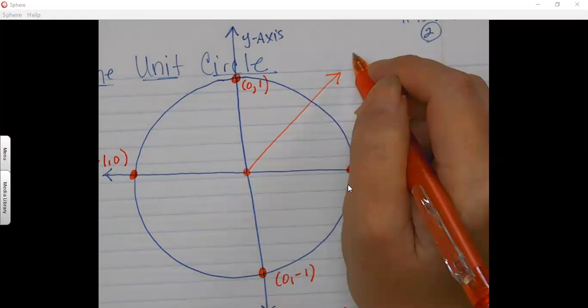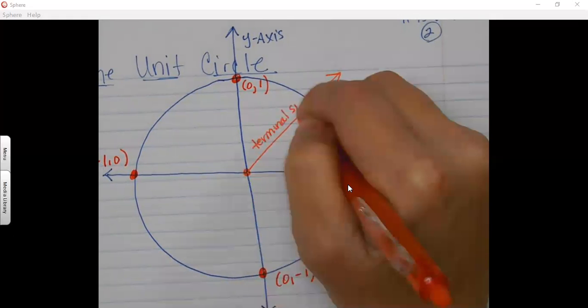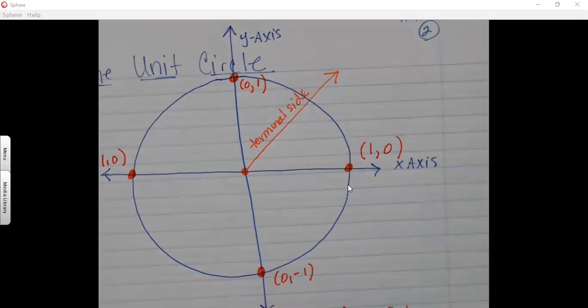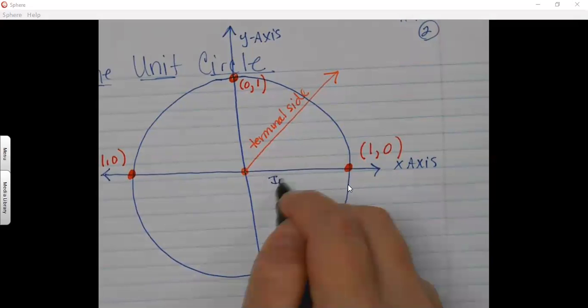I did not write a definition for the initial side, but the initial side is always the positive part of the x-axis, okay? So that initial side always stands still.